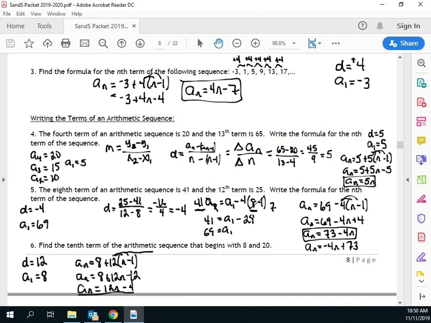But it wants us to find the 10th term, so it's where n equals 10. So let's plug that into the new equation we just got. A sub 10 equals 12 times 10 minus 4. 120, so it is what, 116?